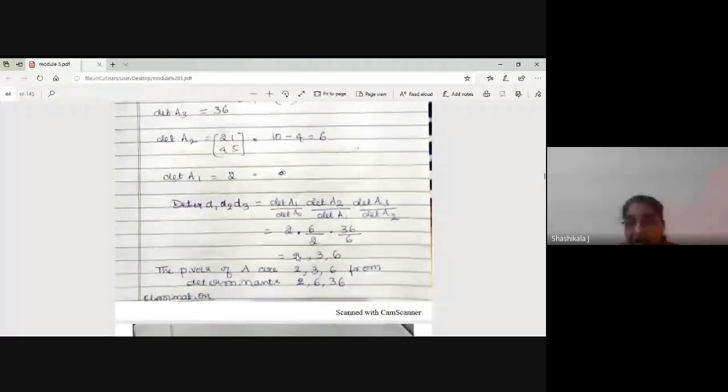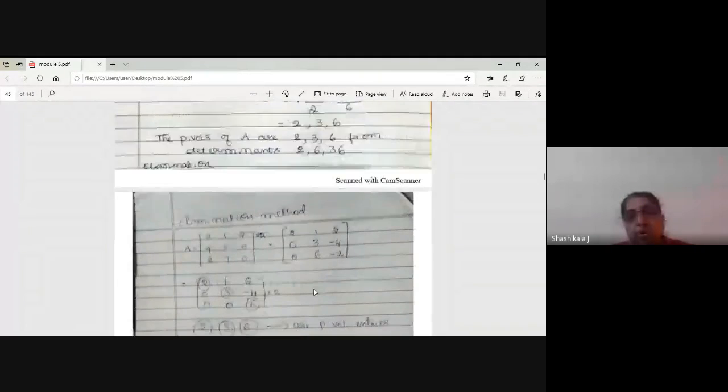Now we will see whether we are getting the same elements by the elimination method. The elimination method is nothing but the row echelon form, where you reduce the matrix into an upper triangular matrix. After doing this, you get one pivot here, one here and one here. Pivot means the first non-zero entry.